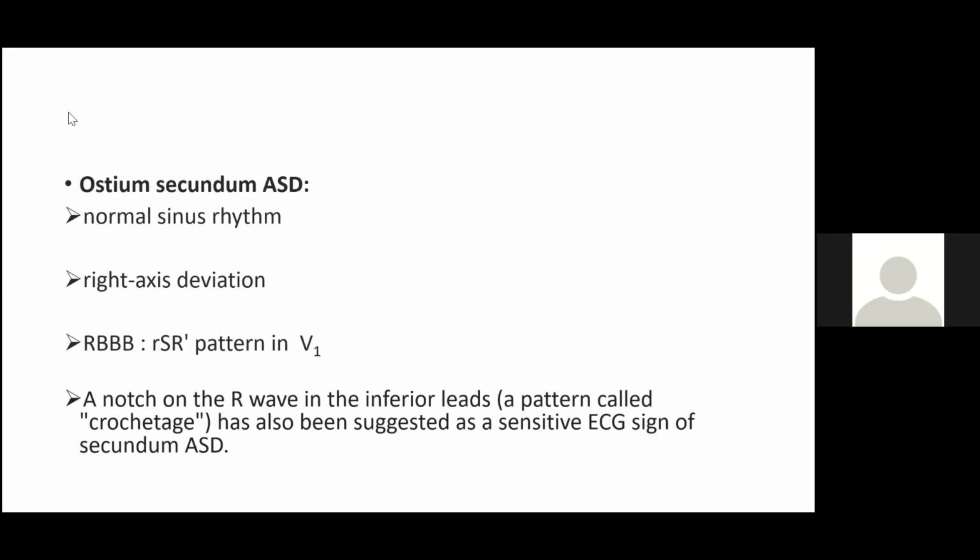Then for the ECG changes, primum ASD tends to have more of a left axis deviation as opposed to the secundum ASD that will have right axis deviation. Other things also seen on ECG include the right bundle branch block pattern that we can see in the secundum ASD.